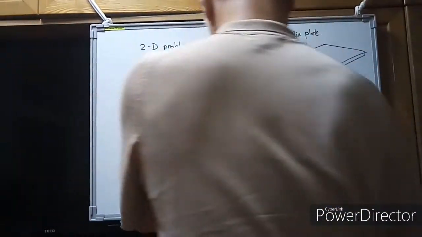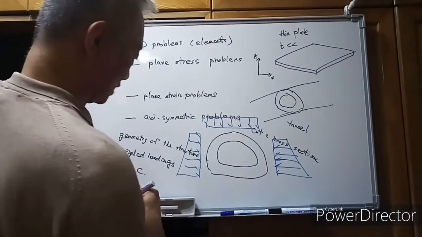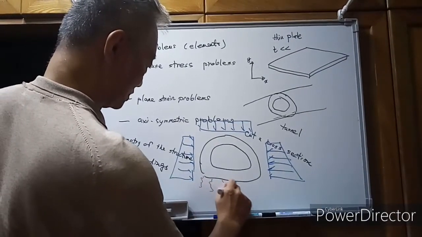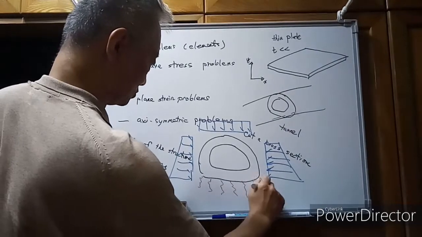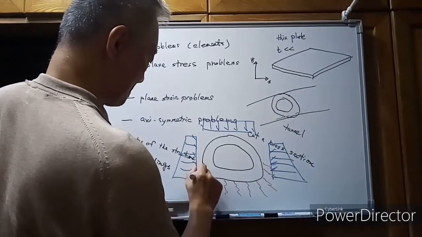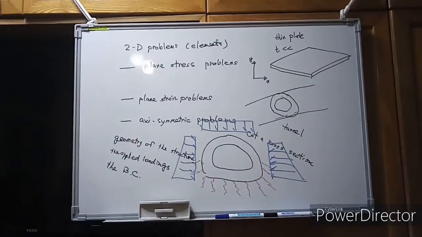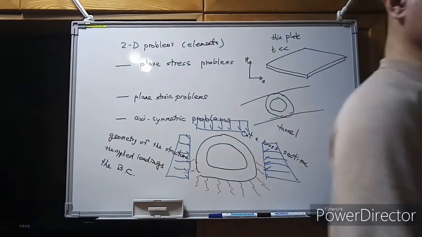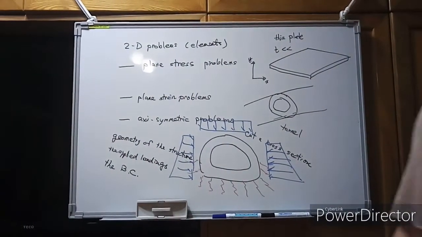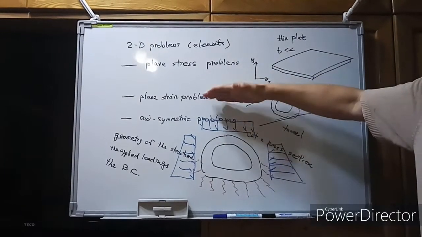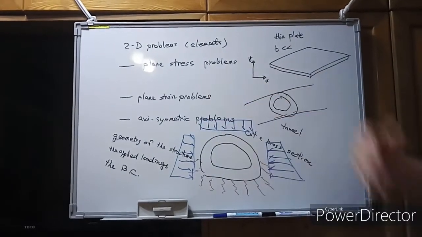The boundary conditions of a tunnel could be elastic spring supports. Most of the time, that's the assumption for a structural tunnel. We have the loading applied from the top of the tunnel.